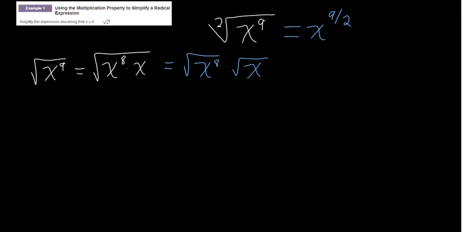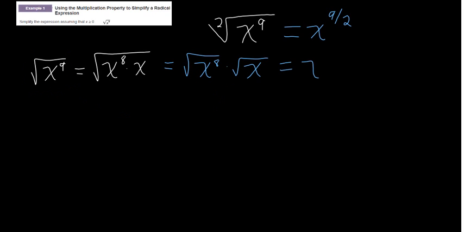So anyways, now we can say that the square root of x to the 9th is equivalent to the square root of x to the 8th times the square root of x. Using again what we did last Wednesday and what we saw on the previous page. And from here, we know what the square root of x to the 8th is, because let's write it with the rational exponent.